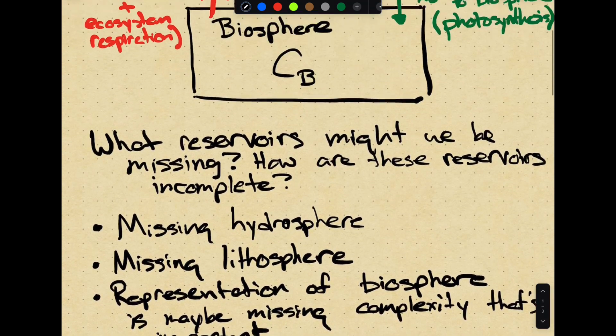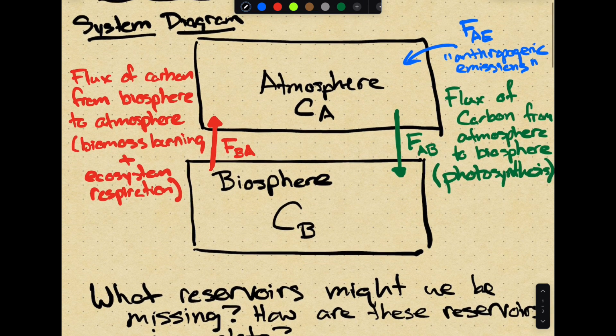Okay, so let's do the mass balance here for the atmosphere. Again, we're going to ignore this anthropogenic emissions term for the moment. This is just debits and credits, income versus expenditures. How is the atmosphere, quote unquote, earning carbon?